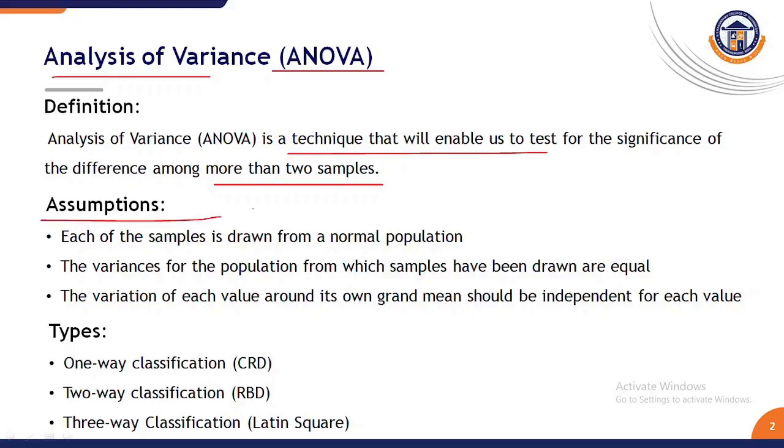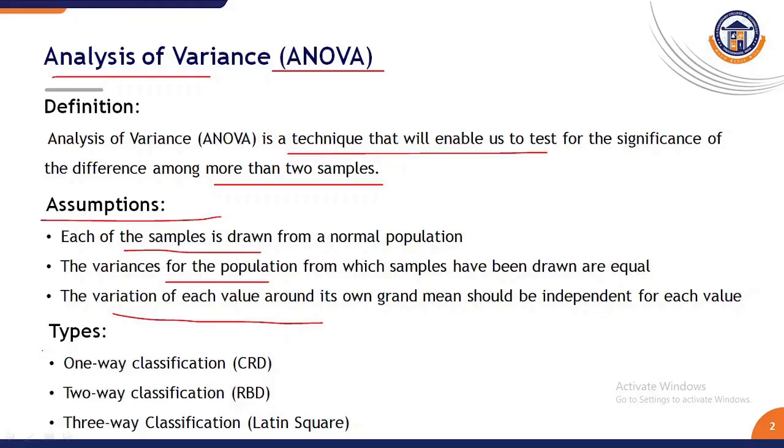Assumptions to be made in analysis of variance are: the first one is each sample is drawn from a normal population. Population variances are equal, that means parent population variances are equal, and each sample value is independent of other values.